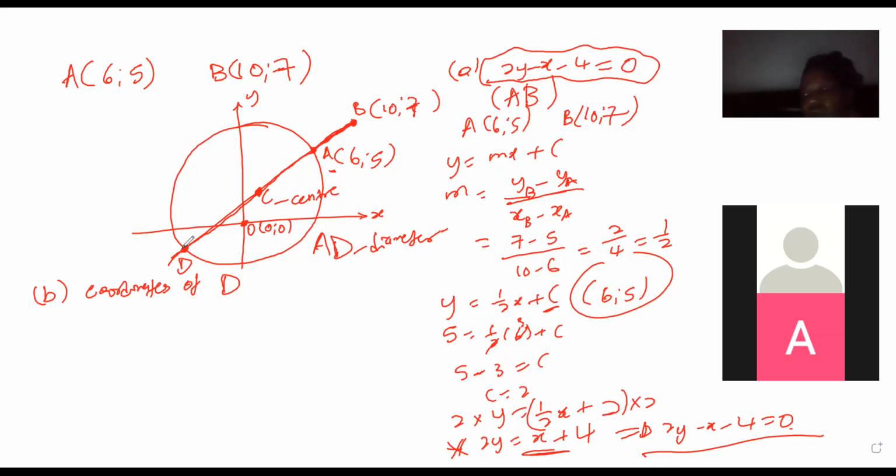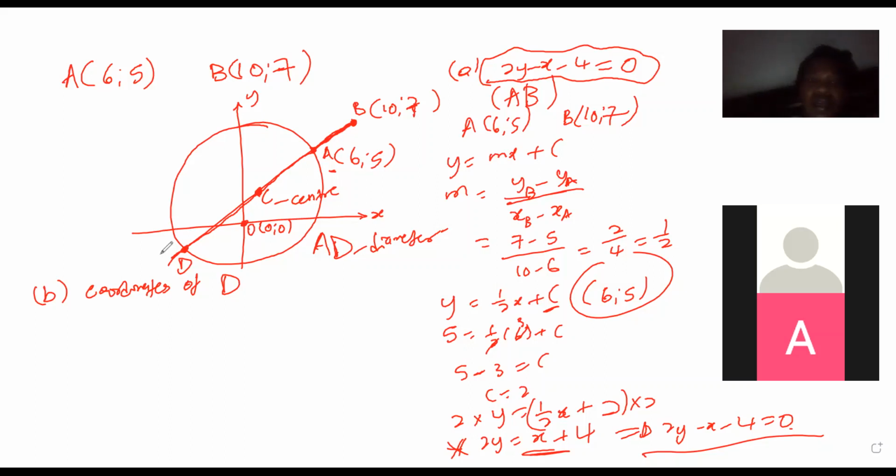So let's see how we're going to get the coordinates of D. We don't know the coordinates of the midpoint, but we've got the equation of the line, and D is where the circle intersects the line.